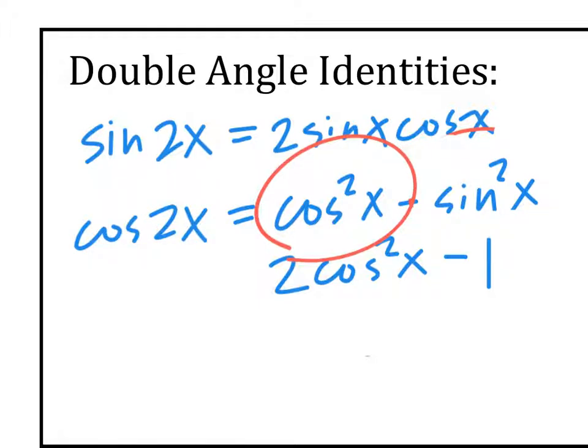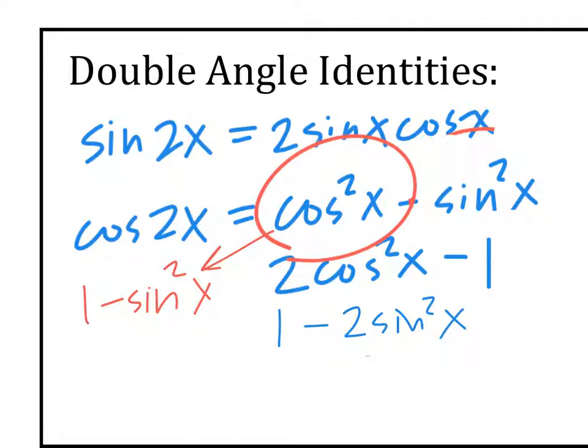Okay. We're changing this into 1 minus sine squared and then simplifying. So change that cosine squared into 1 minus sine squared and then simplify. You should get 1 minus 2 sine squared, right?